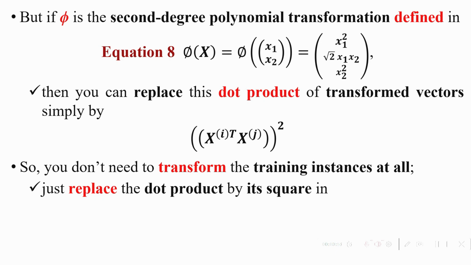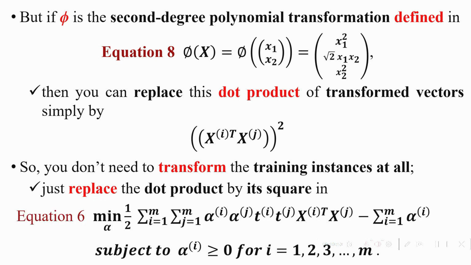Just replace the dot product by its square in the equation: minimize over alpha of 1/2 sum over i equal to 1 to m, sum over j equal to 1 to m of alpha^(i) alpha^(j) t^(i) t^(j) xi transpose xj, minus sum over i equal to 1 to m of alpha^(i), subject to alpha^(i) greater than or equal to 0 for i equal to 1 to m.